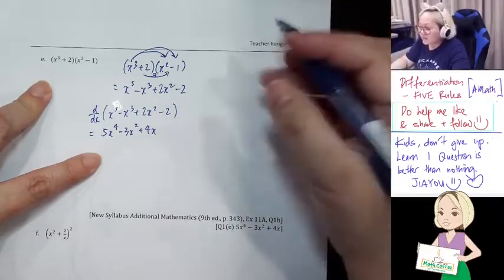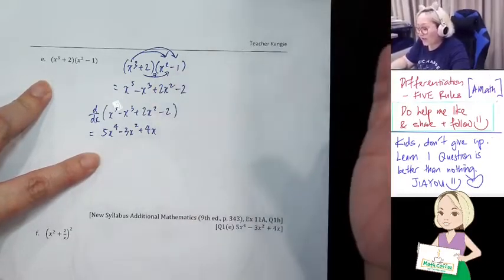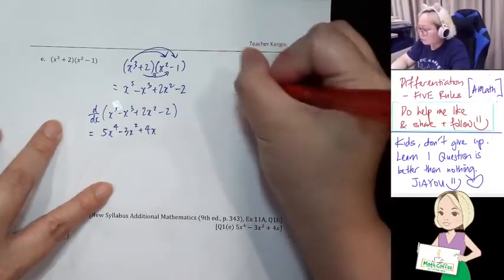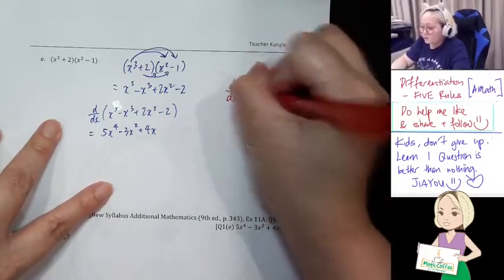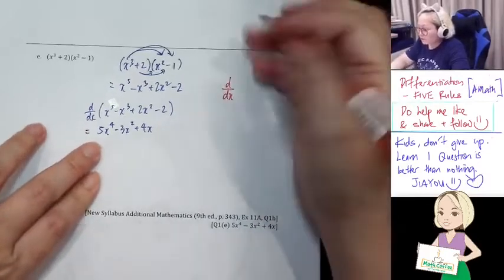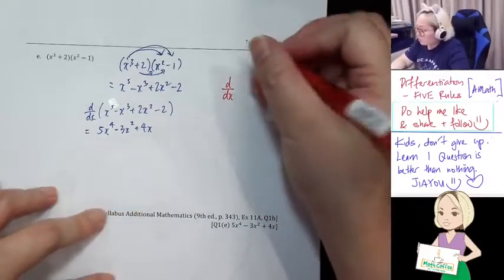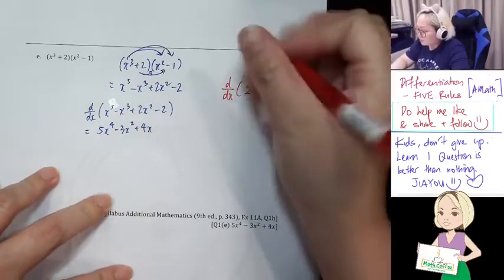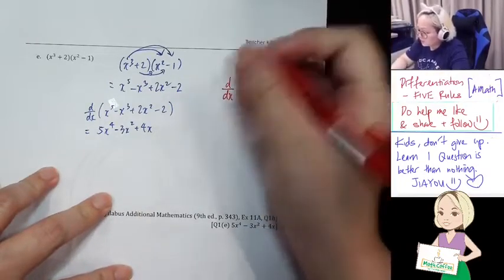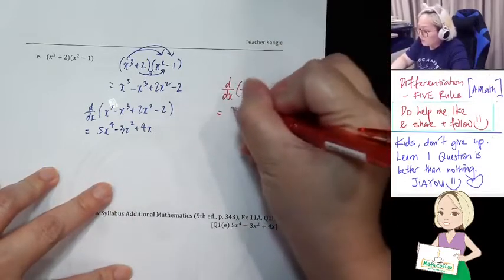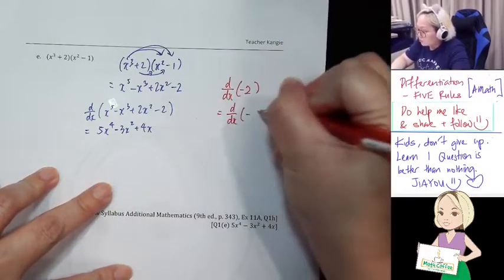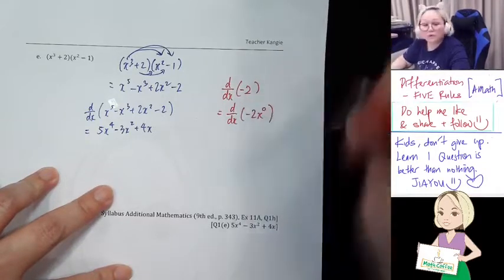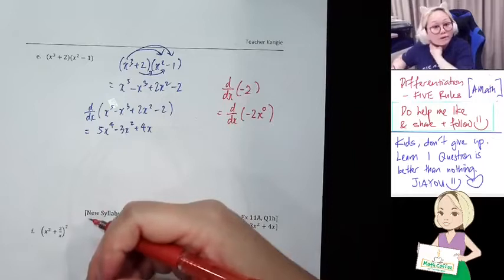Again, although it's a shortcut, the theory behind is just here. For those who are very curious, why is it that it is 0? Let's say you want to differentiate a constant, minus 2. Do you agree that I'm actually differentiating minus 2x to the power of 0? Because x to the power of 0 is 1, agree?